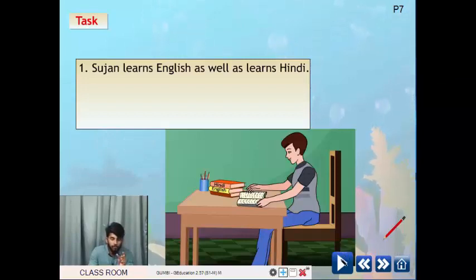In this sentence you can find two verbs, which means there are two different sentences. Those two sentences are combined together by as well as.